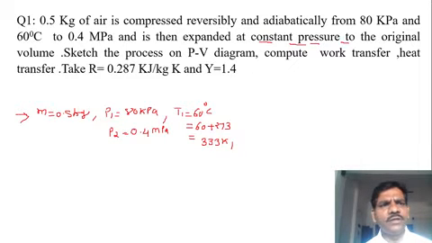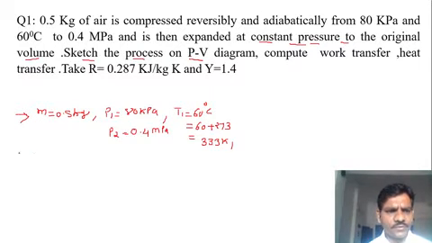to the original volume. Sketch the process on PV diagram and compute what is the work transfer and heat transfer. So what do we determine? First of all, we determine the work transfer, the work done.